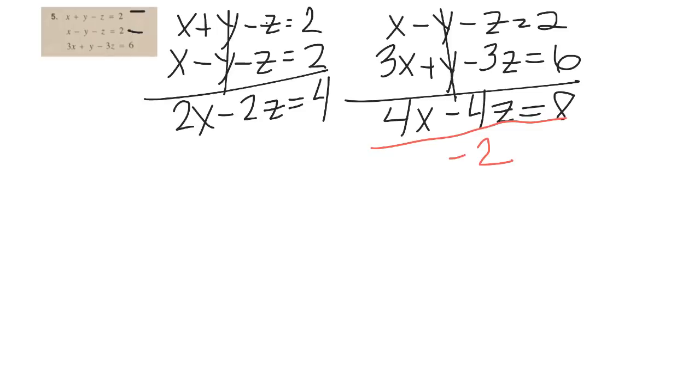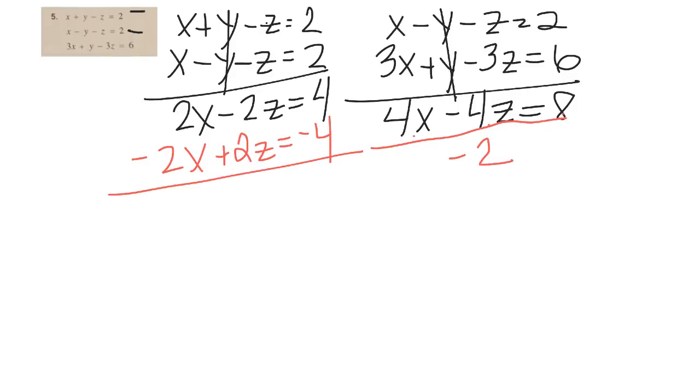And then I get negative 2x plus 2z equals negative 4. And that's by dividing all the terms by negative 2 to make it smaller instead of multiplying to make it bigger. And whenever you have all coefficients multiples of the same number, you can reduce it down as well. You don't always have to multiply to make it larger.